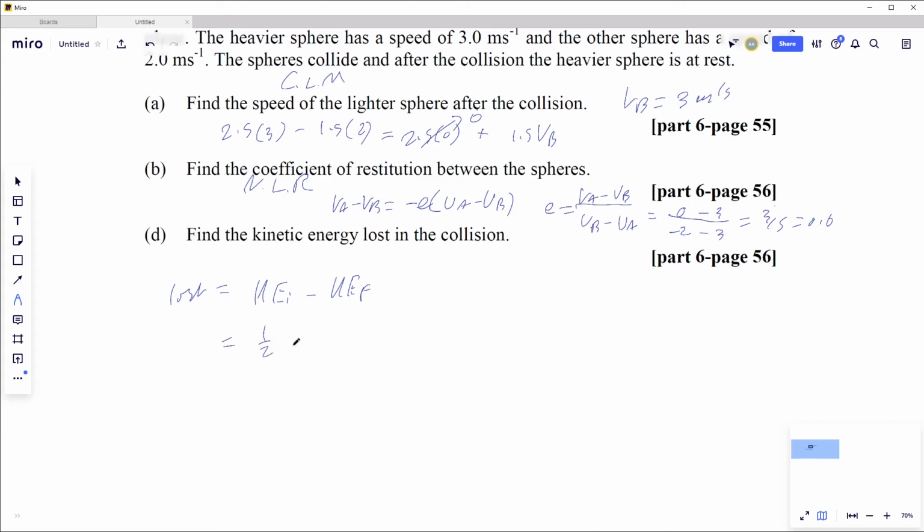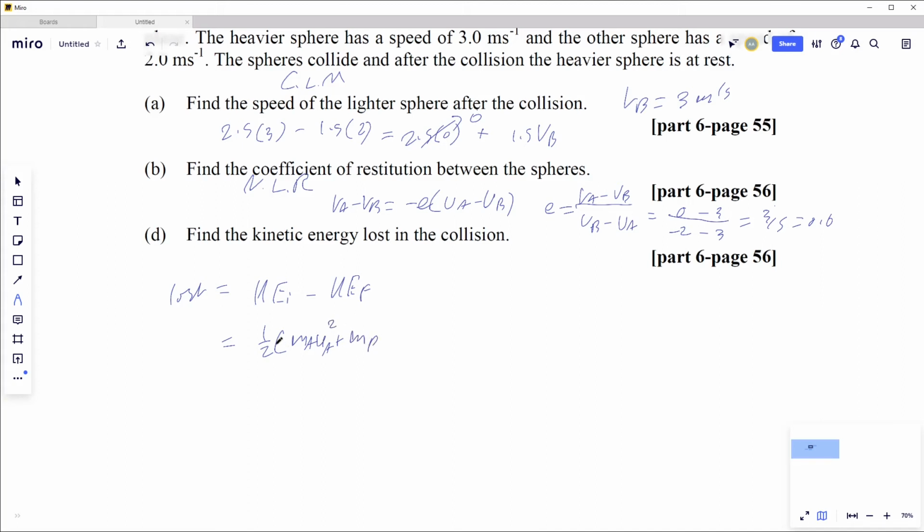So you see, it's half mv squared plus half mv squared minus half. So I'm going to take out the half for each one if you want. So half here, I'll take out the half, and here I'll take out the half. So half into ma ua squared plus mb ub squared, of course.